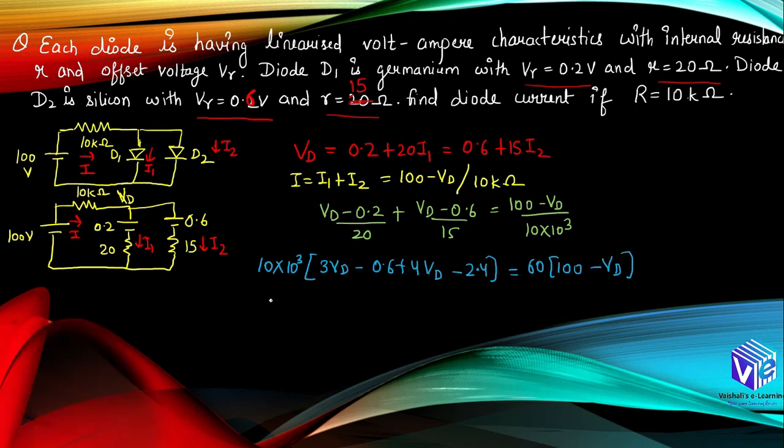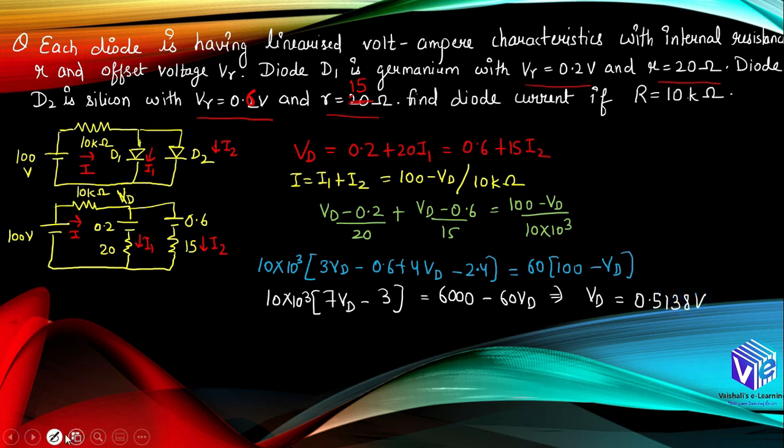So here you simplify it and you get 3 VD plus 4 VD equal to 7 VD, and here we will have minus 0.6 plus minus 2.4, so it will be minus 3, and here we will have 6000 minus 60 VD, right? From solving this equation you will get VD equal to 0.5138 volt. So this is a very simple calculation that you can do on your own, right?